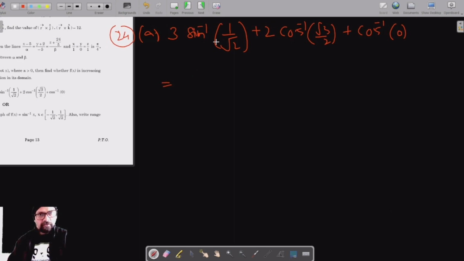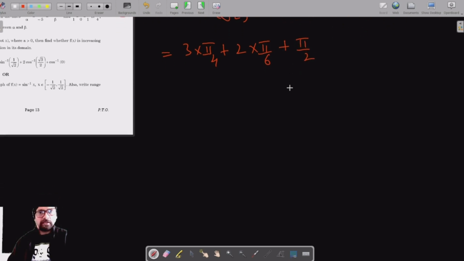The angle of sine for which the value is 1 by root 2 is pi by 4, and the angle of cos for which the cos value is root 3 by 2 is cos 30, and that is pi by 6. And cos inverse 0: cos inverse is 0 when the angle is pi by 2.